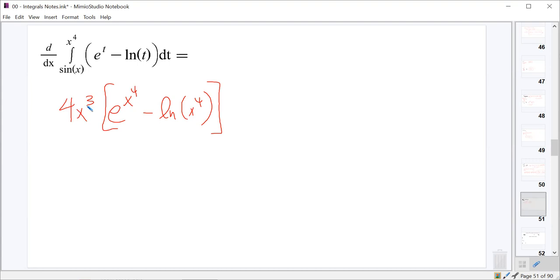And then, based on that second part of the fundamental theorem of calculus, we're going to subtract the derivative of sine x, which is cosine x, times this thing evaluated at sine x: e to the sine x minus the natural log of sine.